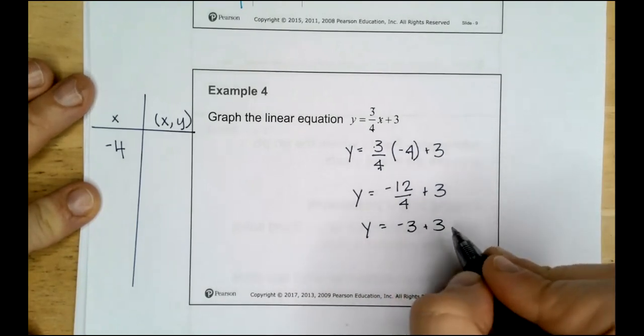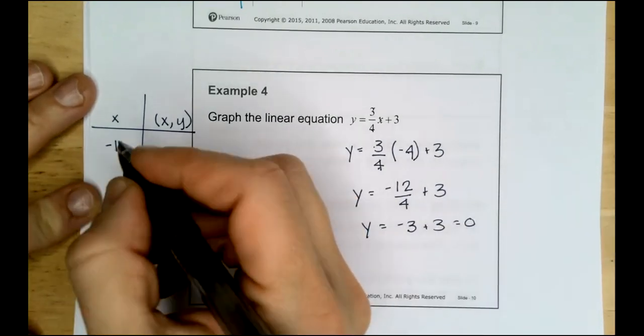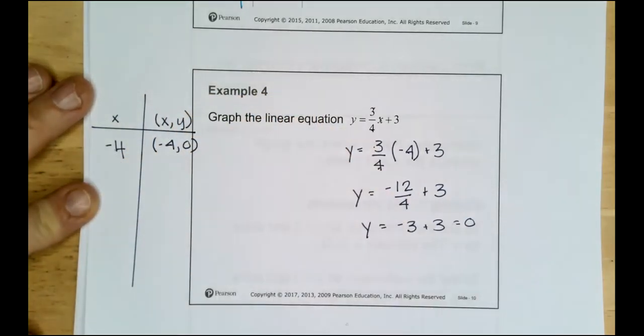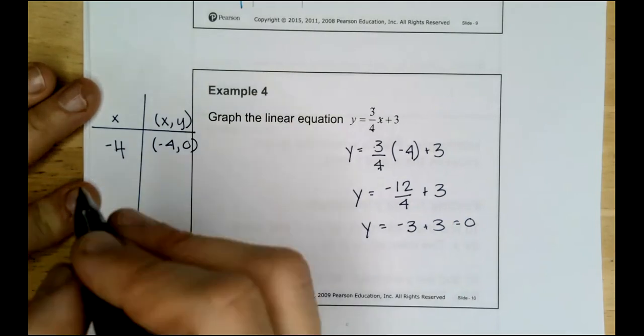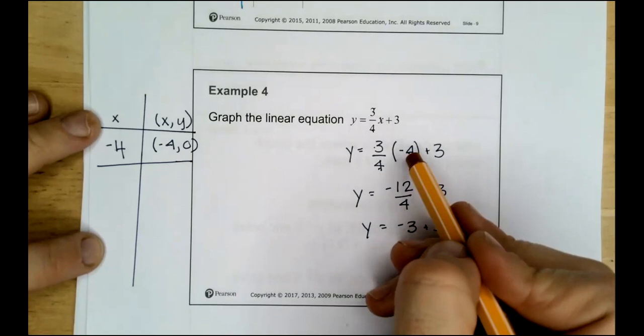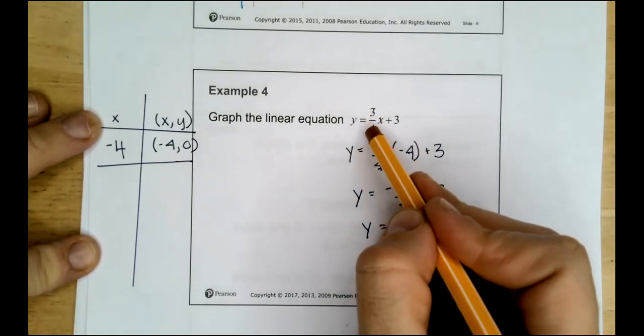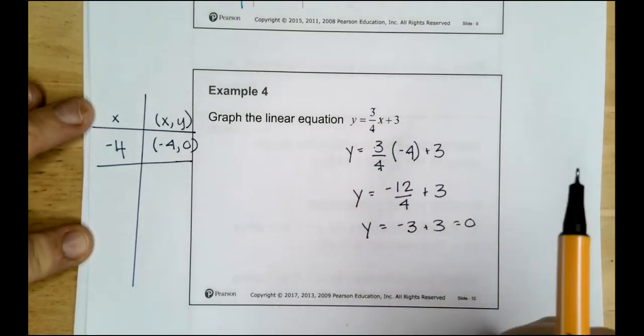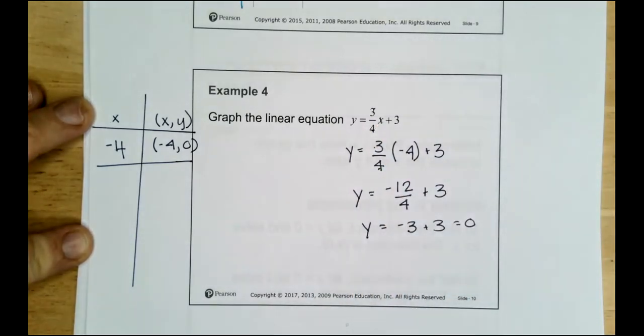Plus 3 is 0. So when x is -4, my point is -4, 0. We okay? You can use -1, it just looks harder because of the fraction. If you use a number that is a multiple of 4, it'll be easier.